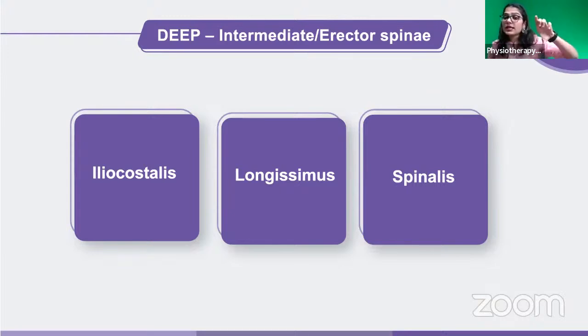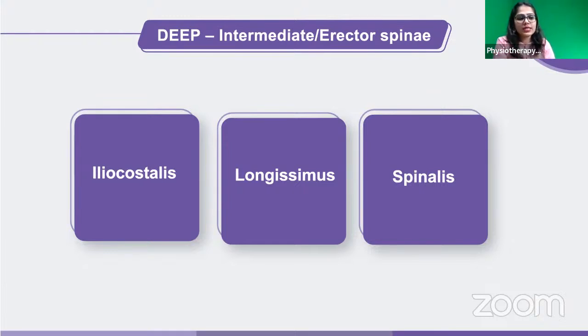But iliocostalis again has 3 parts: iliocostalis lumborum, iliocostalis thoracis, iliocostalis cervicis. Longissimus again has 3 parts: thoracis, cervicis, capitis. Spinalis again has 3 parts. Okay. So if you cannot exactly remember the origin and insertion, at least try to write the vertebrae.